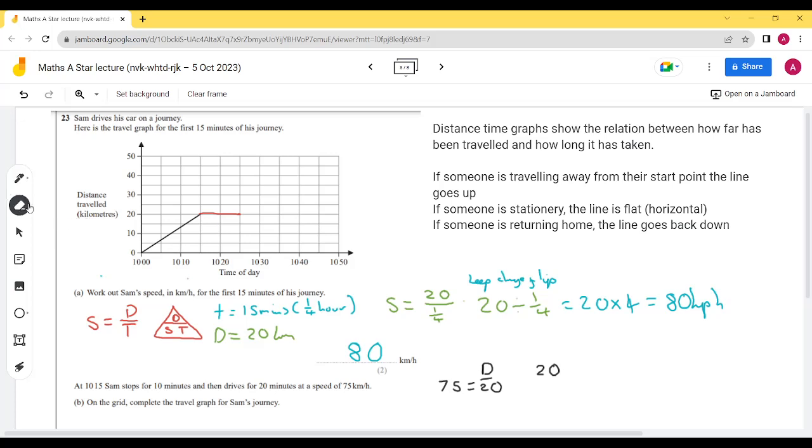What you could do if you're going for minutes is say distance equals speed times time, which is going to equal 75 times 20, 75 times 2 equals 150, equals 1,500.